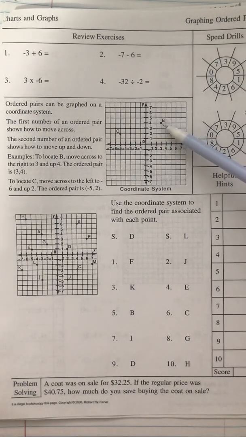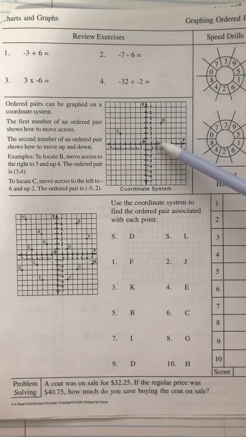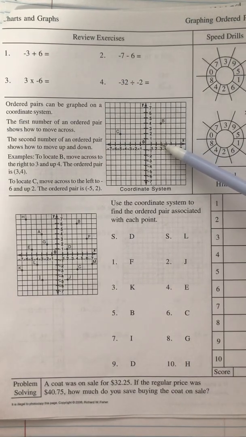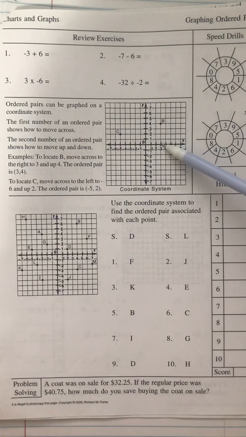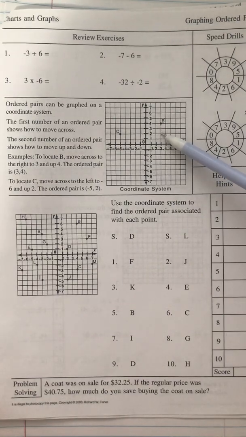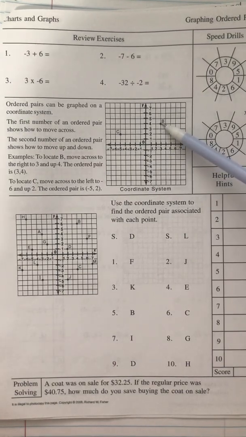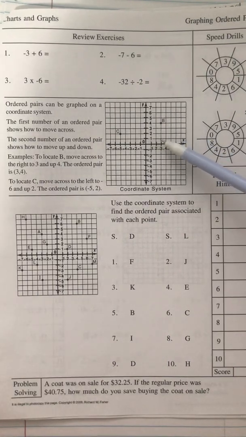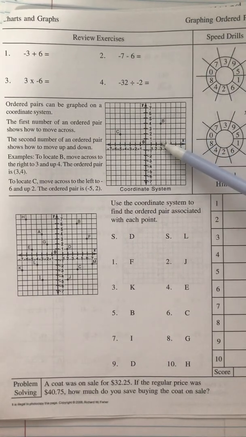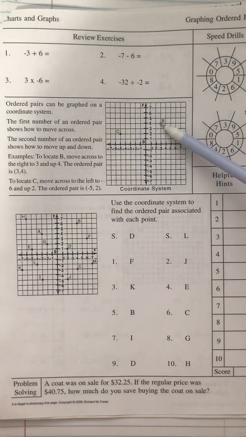But to get to B, you would have to move across the right 1, 2, 3, and then up 1, 2, 3, 4.